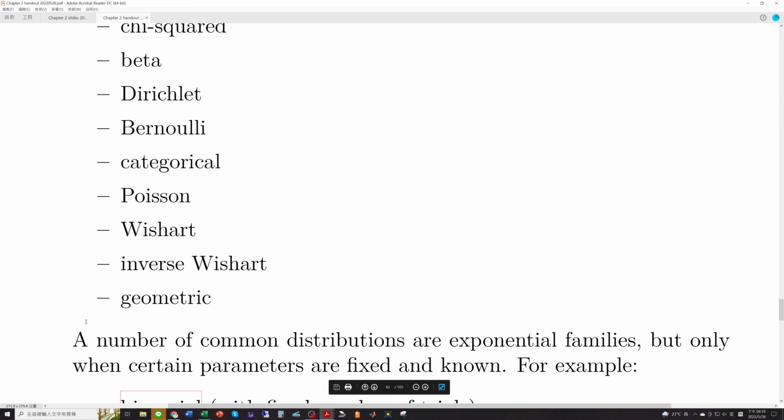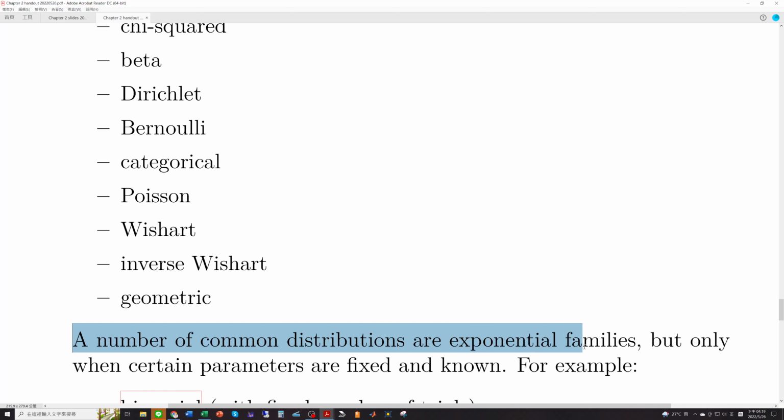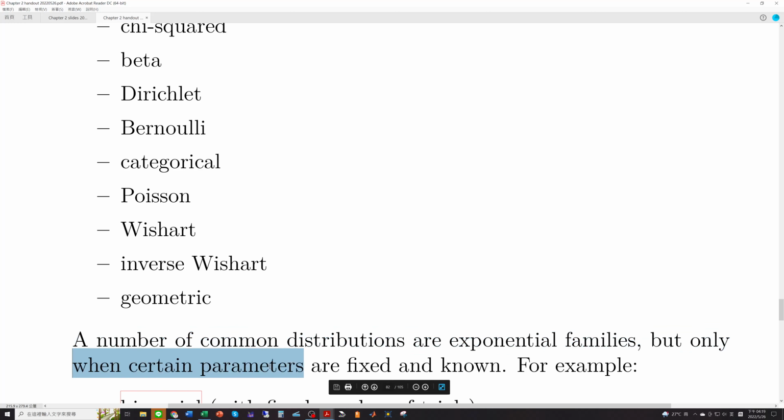Okay, and we introduced the geometric distribution. A number of common distributions are exponential families, but only when certain parameters are fixed and known.